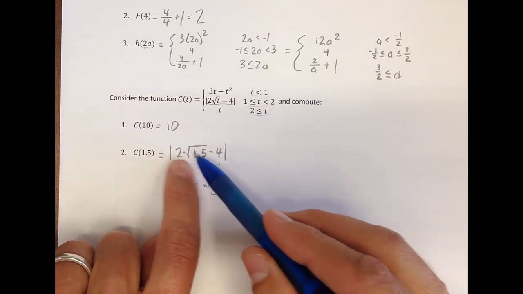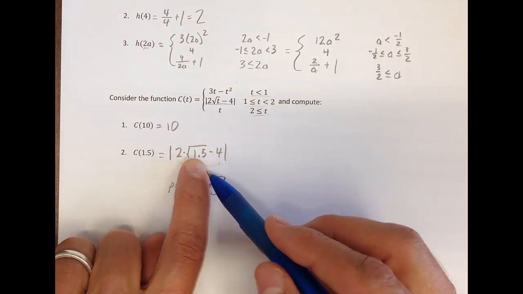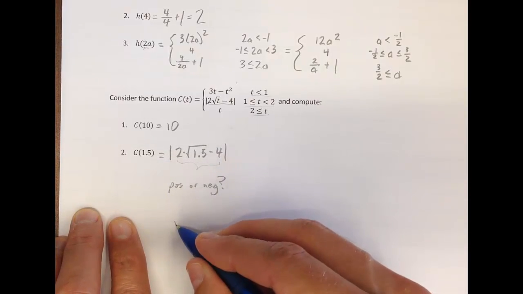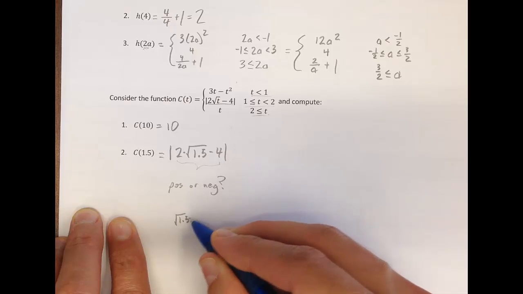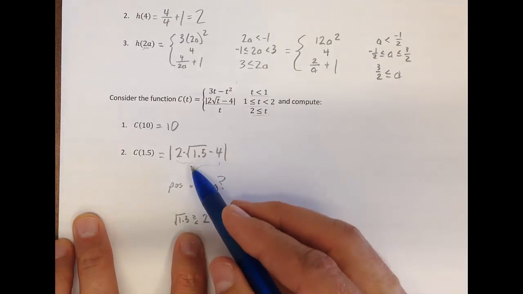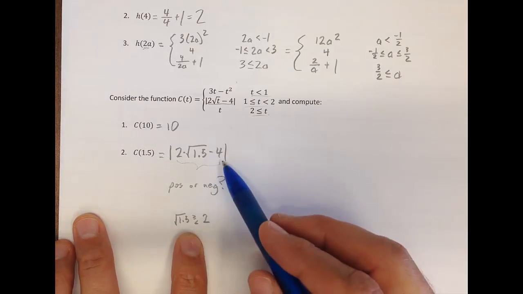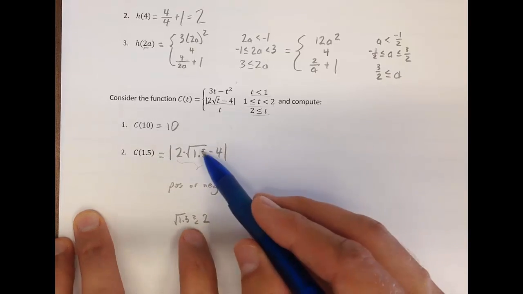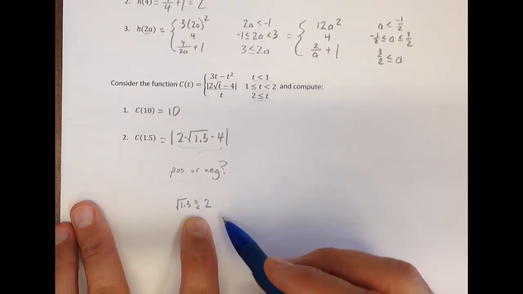Well, if you have 2 times something and you're asking is it bigger than 4, the question really comes down to is the square root of 1.5 greater than or equal to or less than 2. Now you could actually work that out saying is this greater than or equal to 0, and you could work down to this step. But I'm hoping you follow that.